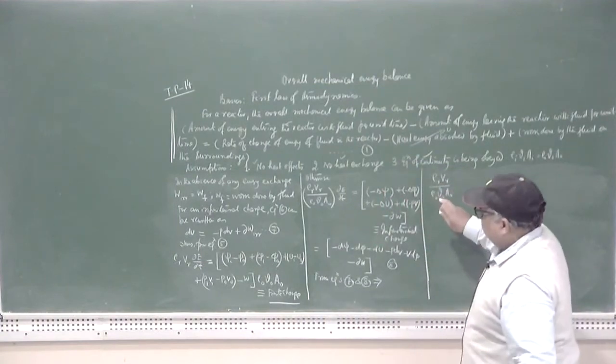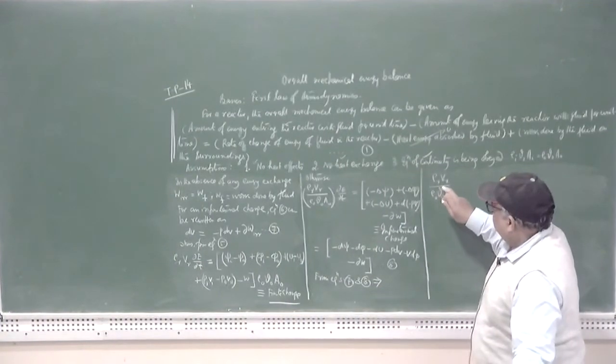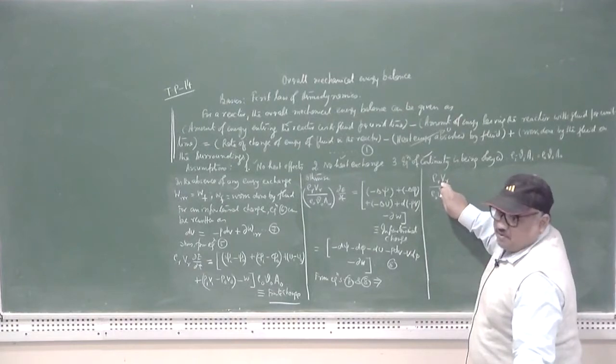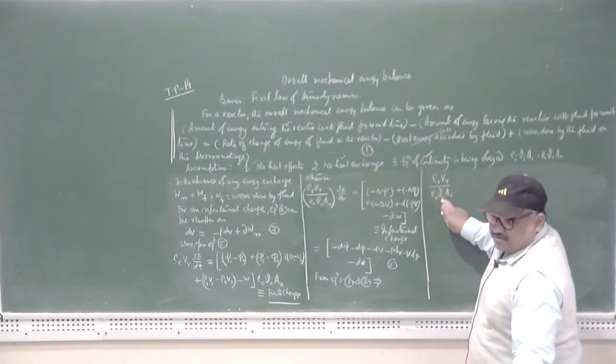Here I would like to remind again, capital V stands for volume, small v stands for the velocity.